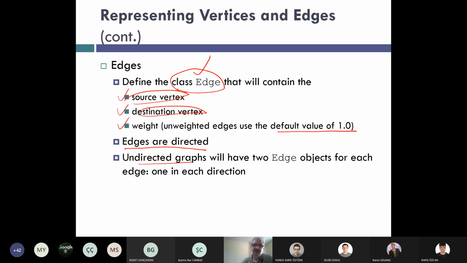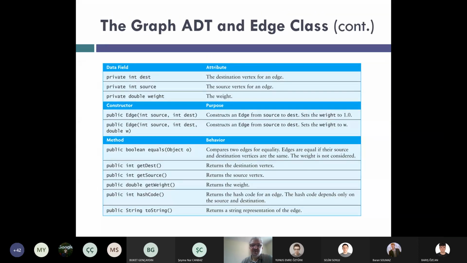Okay. So we can still represent undirected graphs, but in that case, as I said, you have to put 2 edges for 1 undirected edge. So this is the class for edges. As you see, we have integer destination, integer source, and double weight as data fields.